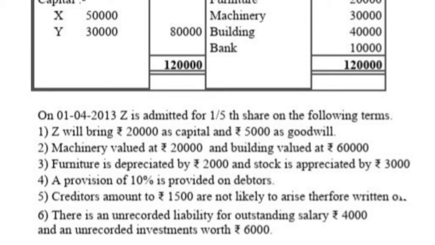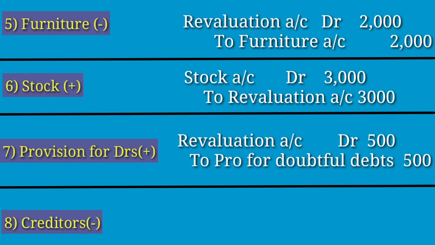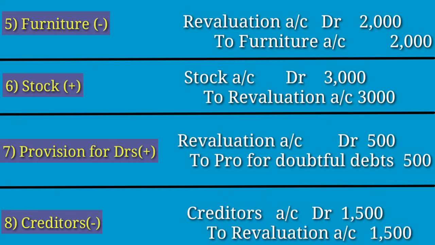Written off means the creditors is reducing. When liability is decreasing, we need to debit that liability. When profit is increasing, the nominal account, the revaluation account, we have to credit. So the journal entry is creditors account debtor 1,500 to revaluation account 1,500.